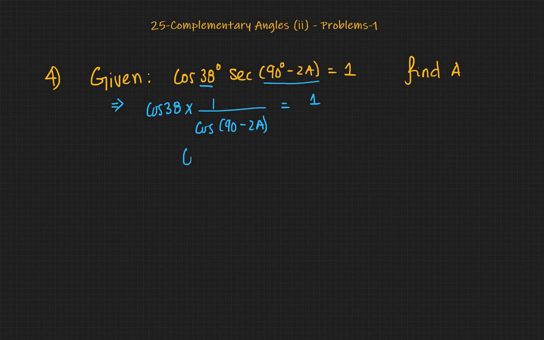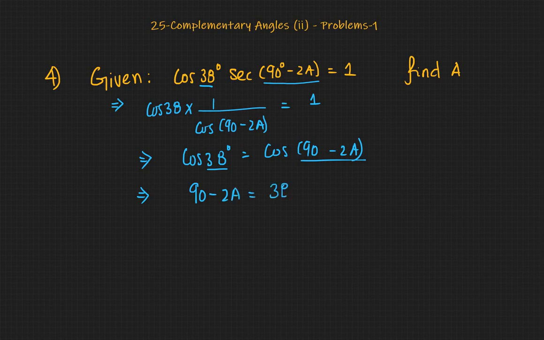Or in other words, you straight away get cos 38 equal to cos of 90 minus 2a, and there you go. So that implies 90 minus 2a equals 38 degrees, or 90 minus 38 equals 2a, or a equals 52 divided by 2, that is 26 degrees.